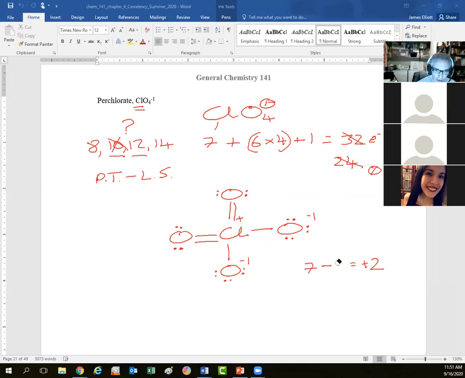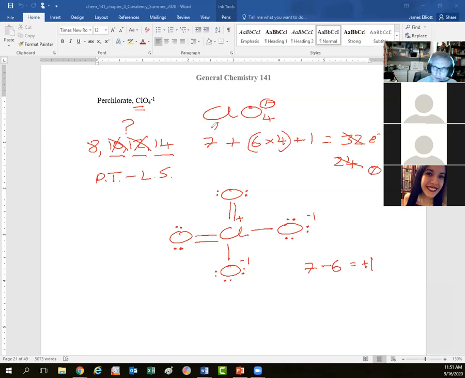So the formal charge on the chlorine has also diminished. Now controlling 1, 2, 3, 4, 5, 6 of the electrons around it. That creates a charge of 1+. So 12 isn't working either.